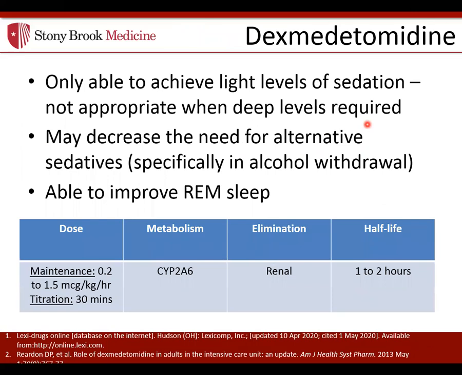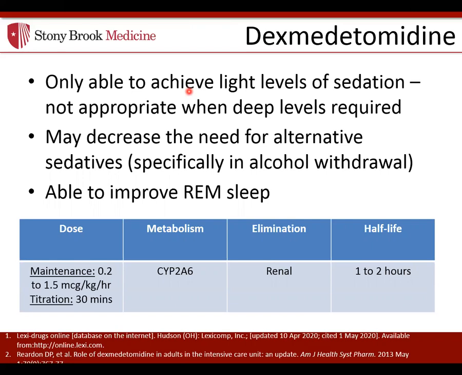Dexmedetomidine offers many advantages. It's used as an adjunctive agent for patients who are undergoing alcohol withdrawal for its calming and symptom management effect, but dexmedetomidine itself is unable to treat the causes of withdrawal. So it's able to improve REM sleep, which is more restful, but clinical benefit still seems unclear.